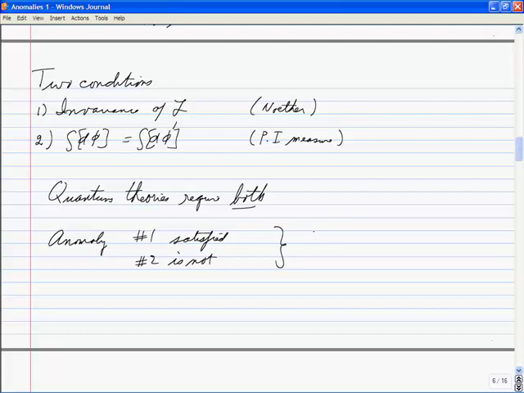Okay, so these are things where Noether's theorem lied to us, and it's not a quantum symmetry.